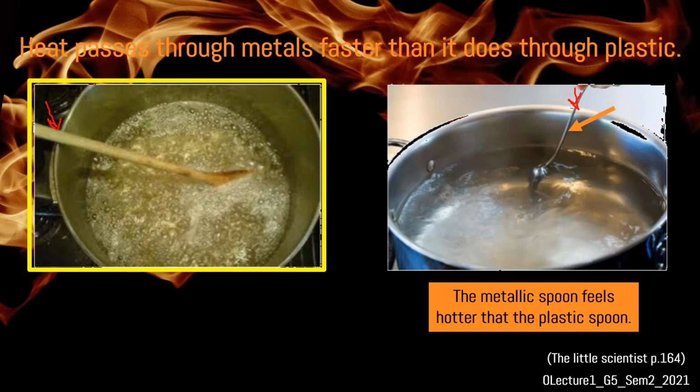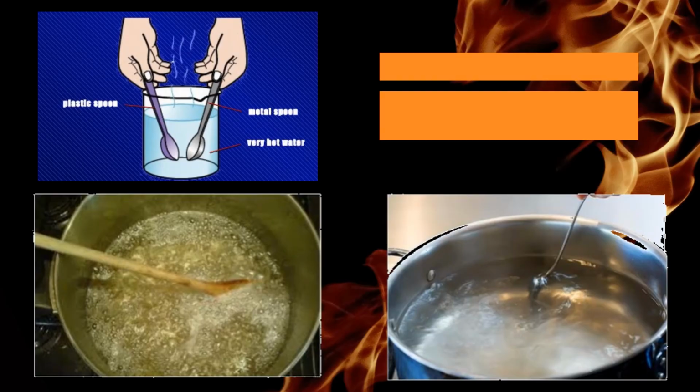For this reason, it's better to use wooden spoons to cook, since heat doesn't pass through wood easily. Okay. Metals are good conductors of heat. They let heat pass through them easily.